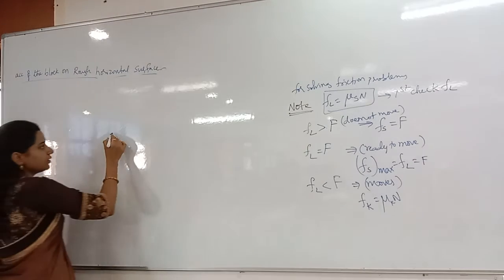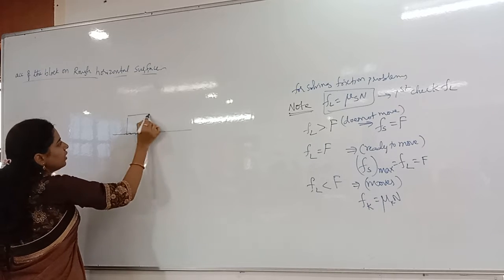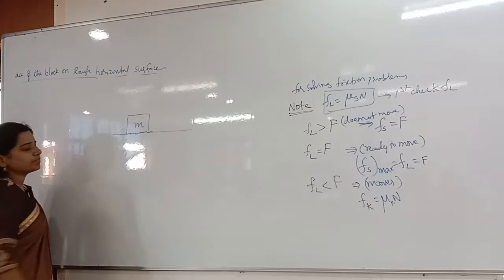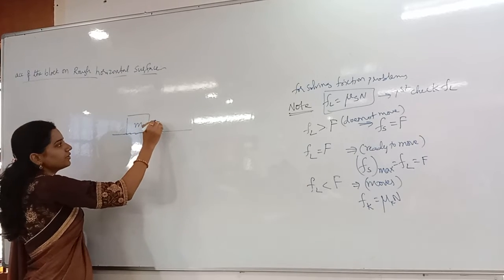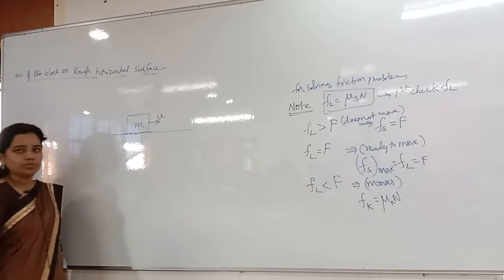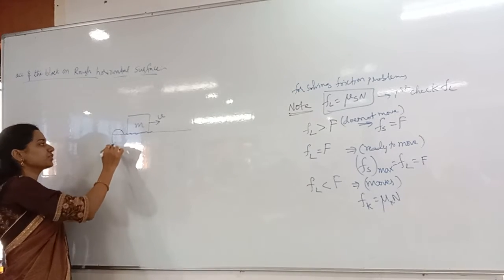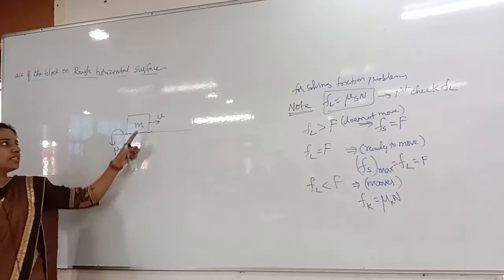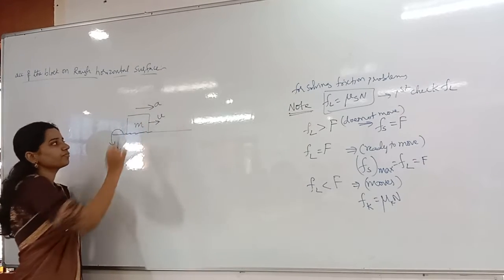Now I have taken a rough horizontal surface, and a block of mass m is kept on it. This block of mass m is given an initial velocity u, and the coefficient of friction is mu. Whenever the initial velocity is given, it is moving with an acceleration a.